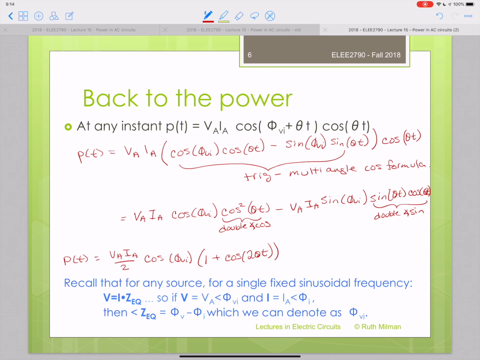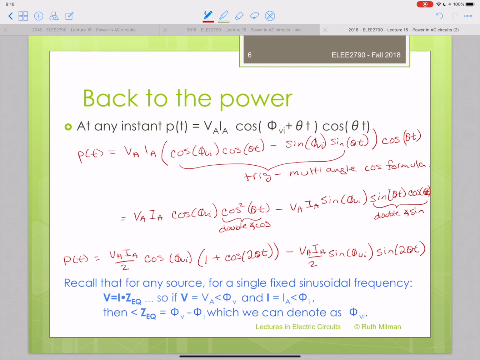And then working on the other side, we have VA, our two amplitudes divided by 2, times the sine of our phase shift. And we plug in the double angle formula on this side, we simply get the sine of 2 theta t. So we see that both the moving sinusoids in here are double the speed, and there is an offset, and while we work with that expanded double angle formula, we actually reduce our amplitudes in half.